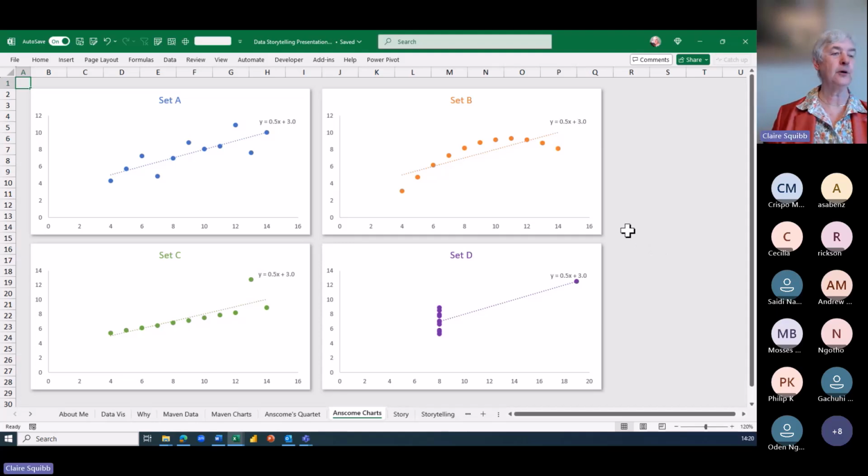Now, another thing I'd like to point out about these is I'm using a couple of data visualization techniques here. So to point out the things that you need to be thinking about when you're doing data visualization. It's all very well producing a chart, but if you're going to produce a dashboard or a series of charts and visuals on one page, have a think about how they're laid out.